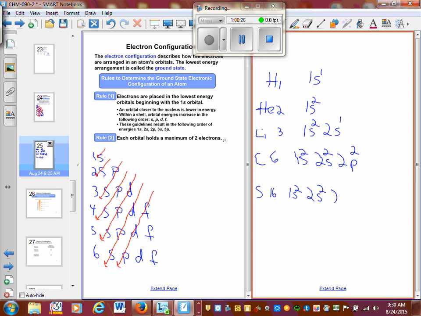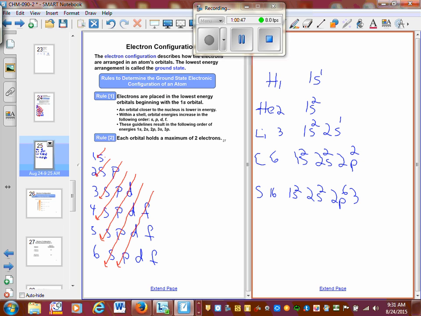Do I have 6 left? Yeah. So 2p6. So how many have I used so far? 10. What comes after 2p? 3s. There's no 2d. Look at the map. How many can I put in an S? 2.